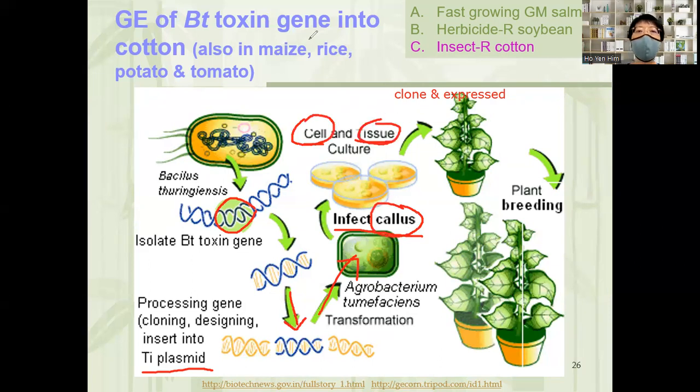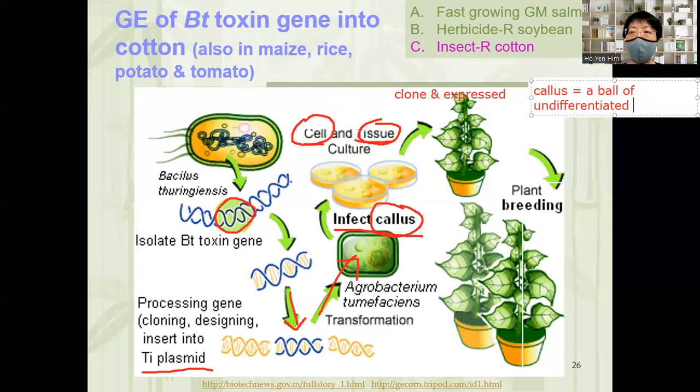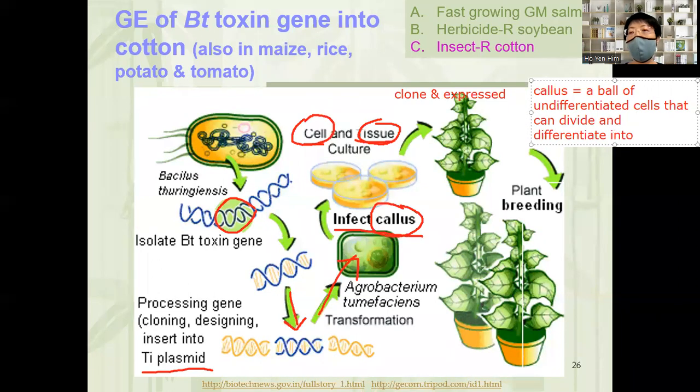So just to introduce what I mean. Cell, you know, plant cell. Callus is actually, please write, a ball of undifferentiated cells that can divide and differentiate into a plant.